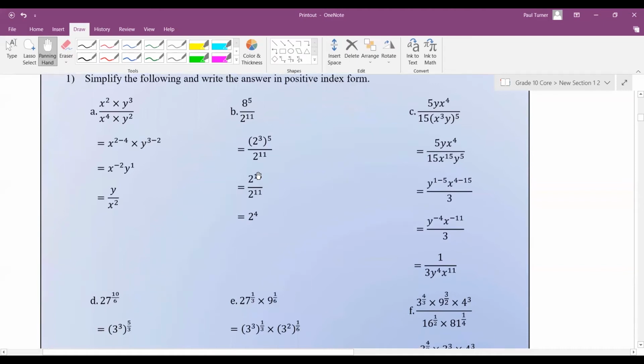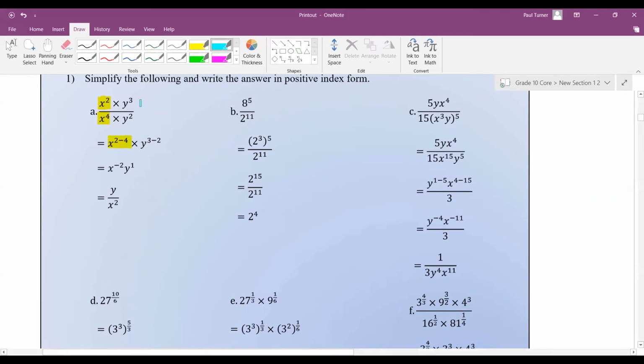My arm's getting numb. So in question 1, you've got a fraction with x and y. And what we do here, they've done it, this can be done this way. So you've got x^2, x^4. So here is a division, okay? So that means we would have 2 minus 4 for the power.